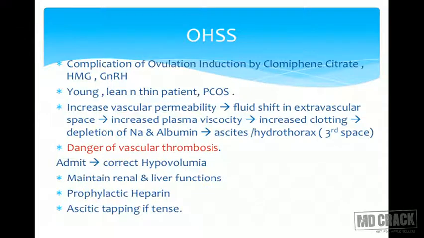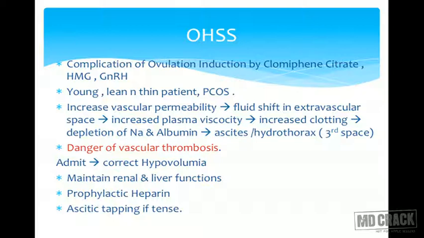The biggest side effect or condition is OHSS. It's a complication of ovulation induction either with CC or HMG or GnRH. It is usually seen in young and lean patients, resistant PCOS. What happens is there is multiple follicle formation, maybe 10-20 on this side, 10-20 on the other side. It increases vascular permeability.